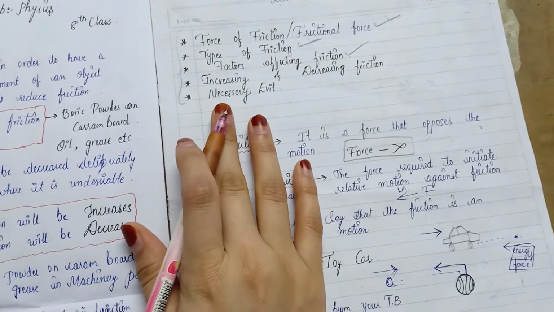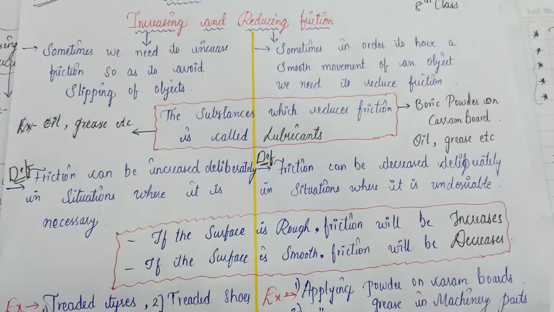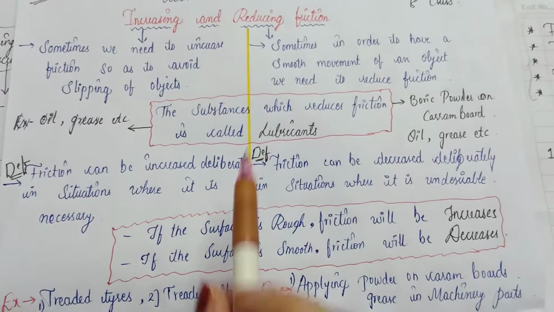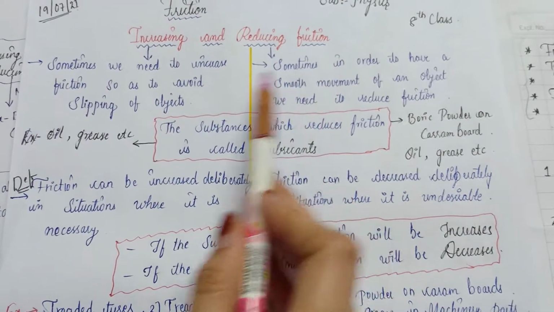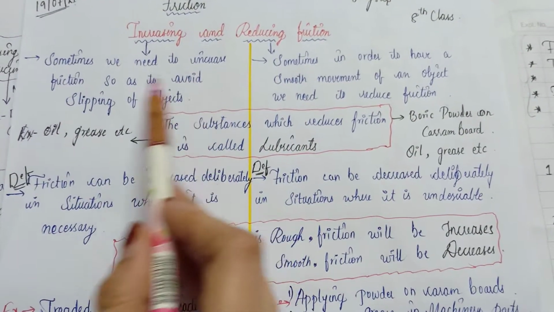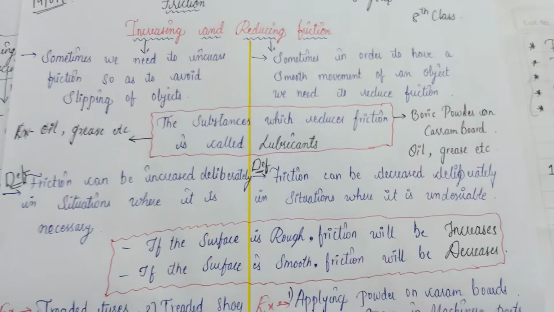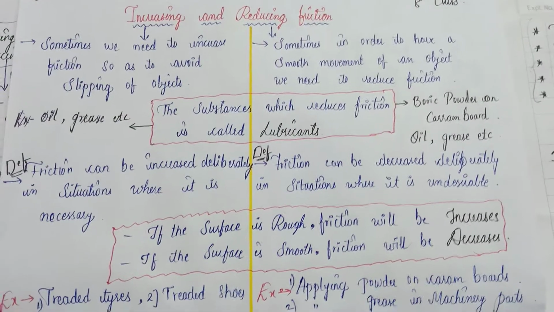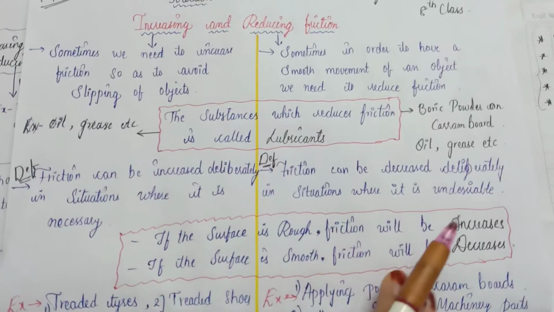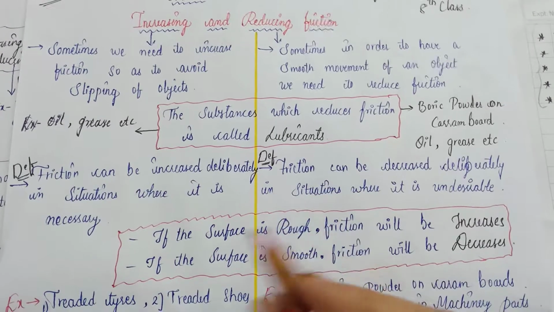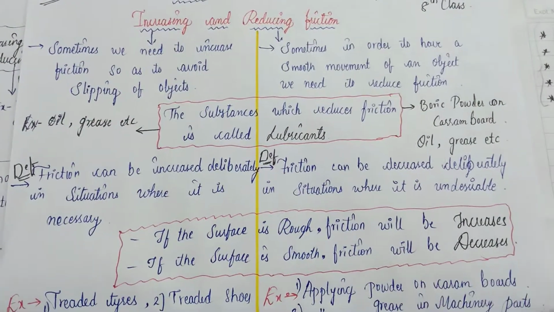If possible, we will discuss the necessary evils also. What is increasing and reducing friction? Sometimes we need to increase friction to avoid the slipping of an object.